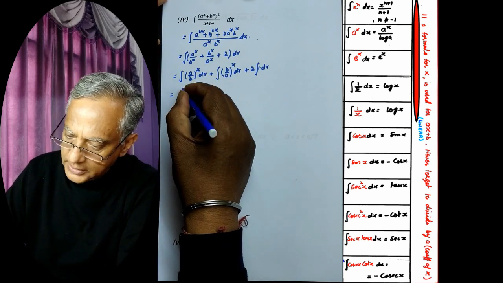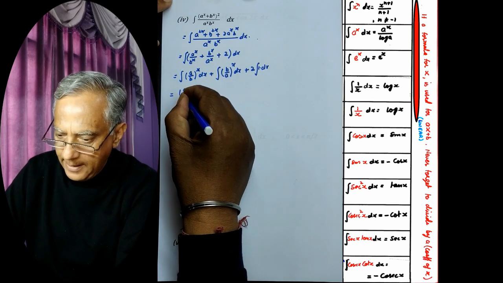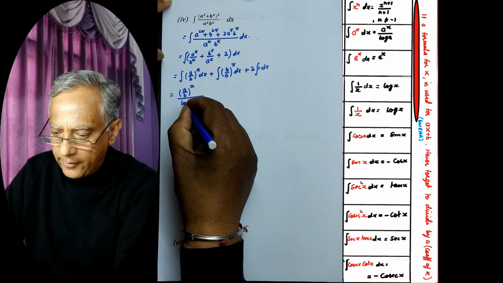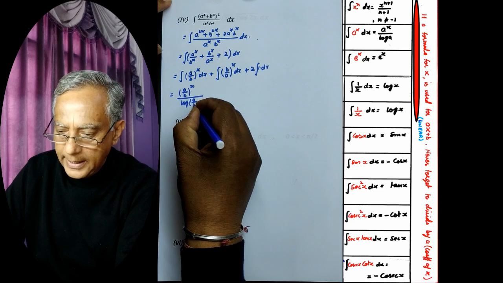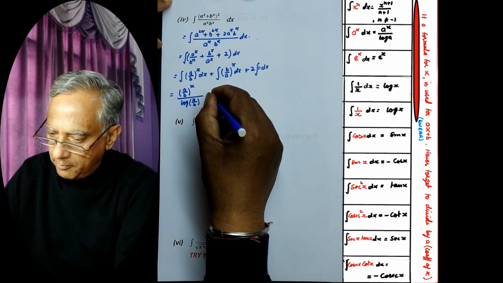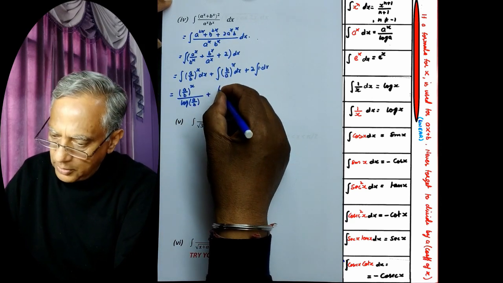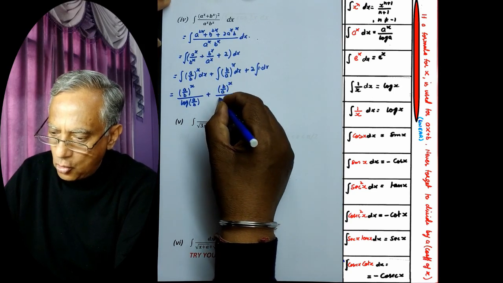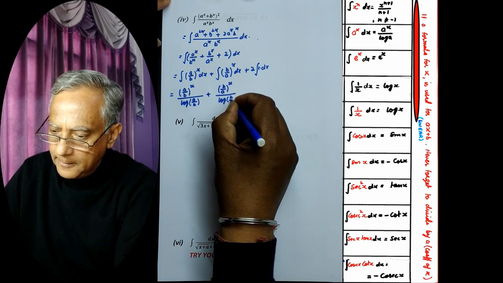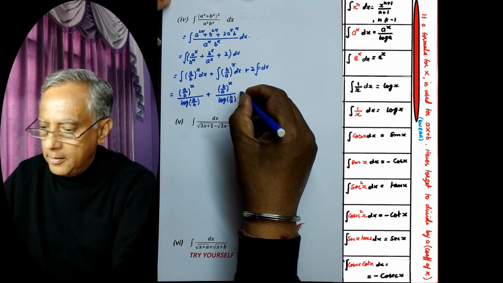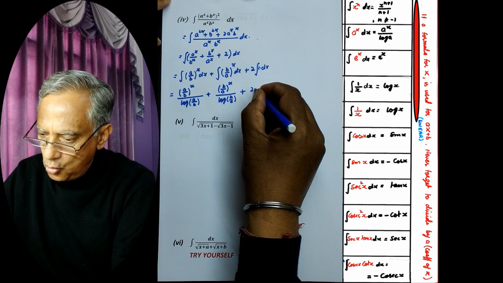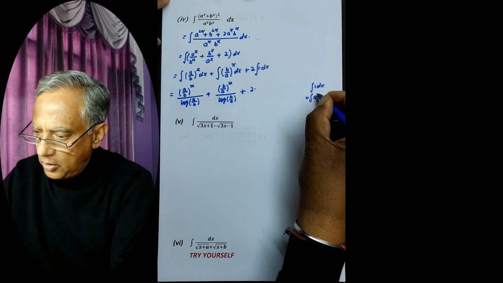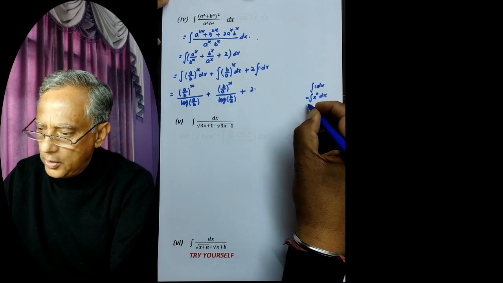So the integral of this will be (a/b)^x divided by log(a/b), plus the integral of this will be (b/a)^x divided by log(b/a), plus 2 times the integral of 1 dx, which is the integral of x to the power of 0 dx.